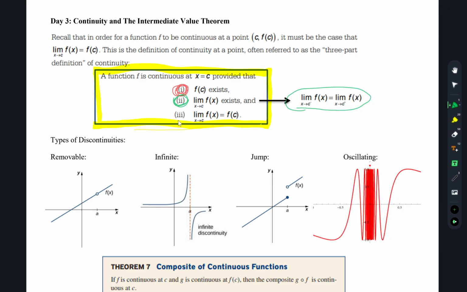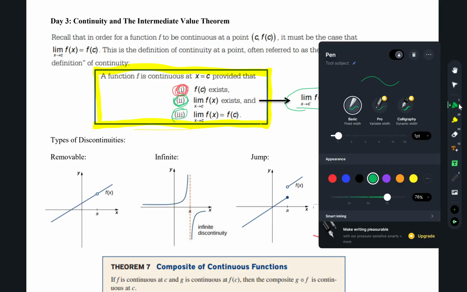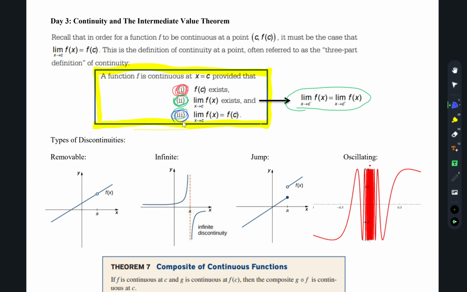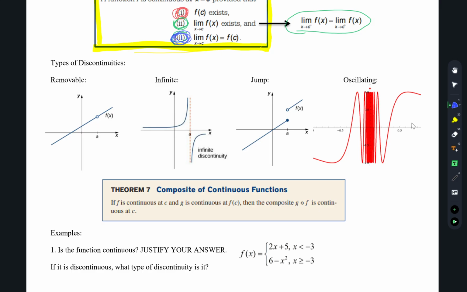And then the last one is the juice, because this is saying, okay, step 1 and 2 equal each other. And you need this exact thing here in order to prove it officially. So these are all your different discontinuities, which we kind of talked about.